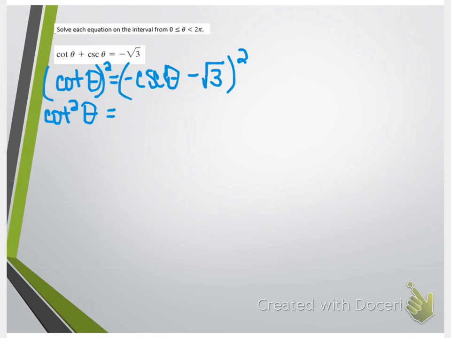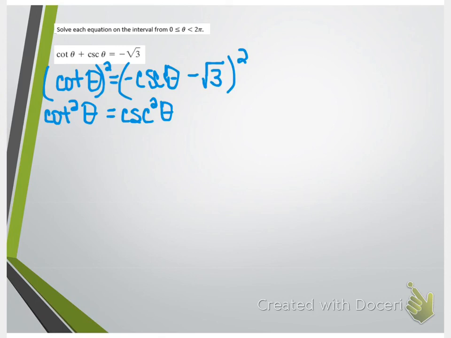So negative cosecant theta times negative cosecant theta is positive cosecant squared theta. Then outer times outer, minus cosecant theta times minus root 3, is positive root 3 cosecant theta.